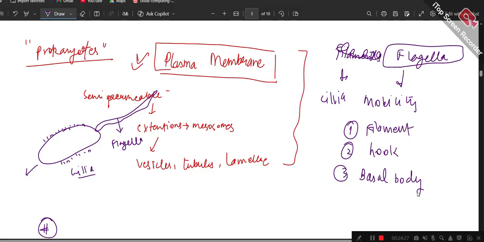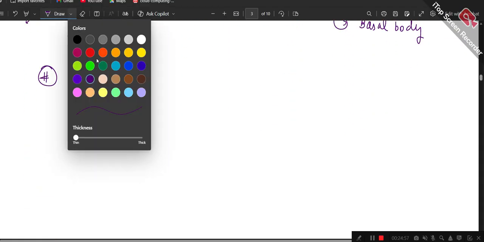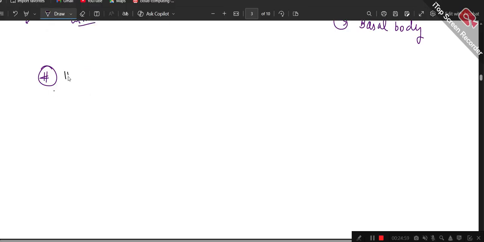Within the flagella there are ring-like structures, and this arrangement is different in different cells. This flagella structure is made up of a compound called flagellin.